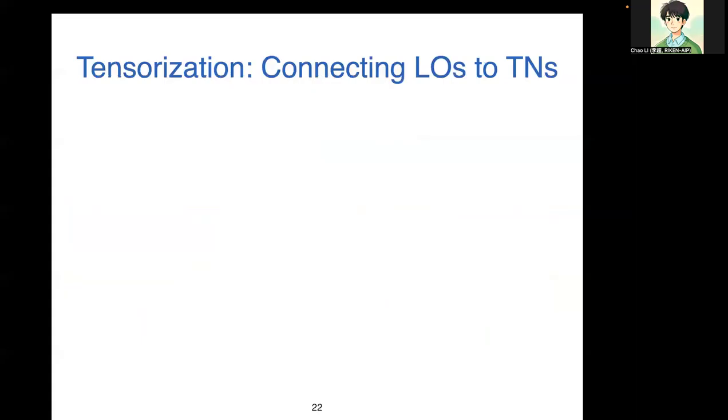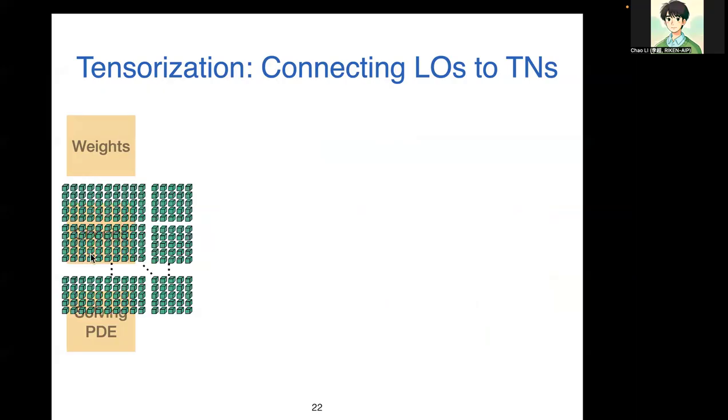To have efficient computation, the first step we need to do is tensorization. Since we can consider these operators as high-dimensional matrices, that means we reshape this big matrix into a high-order tensor. What we do is, we split the row and the column indexes of the matrix into multiple smaller tensor modes, turning it into a higher-order tensor.